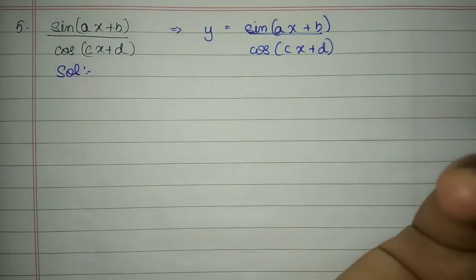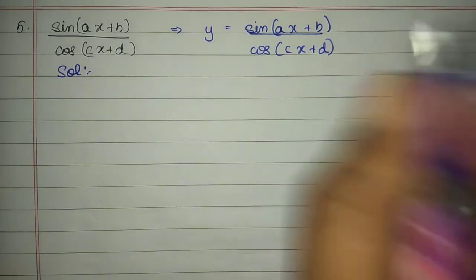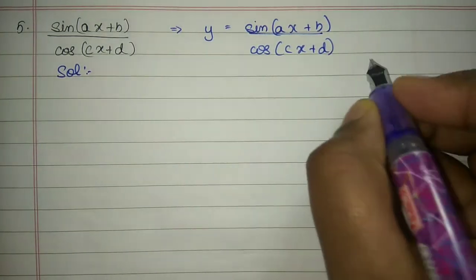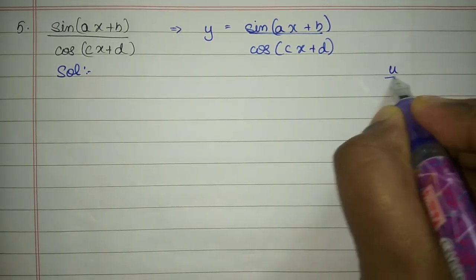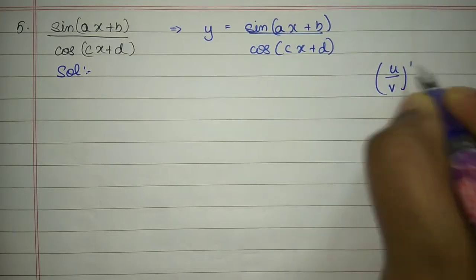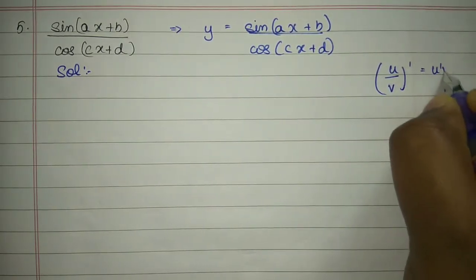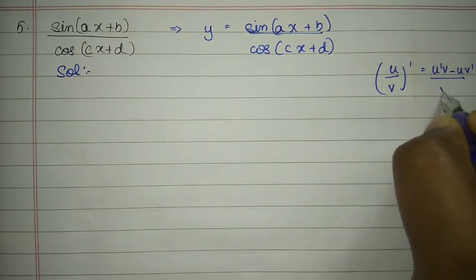Okay, so till now we were just seeing a simple function that was given, and we have not learned about the division. So now we are going to learn the new method of deriving, that is division. So we have already learned the formula for u by v the whole dash, that is d by dx of u by v is equal to u dash v minus uv dash by v square.